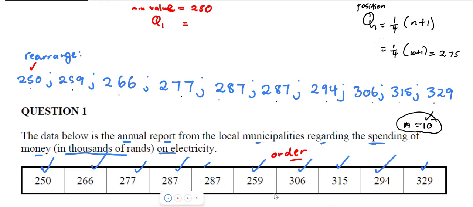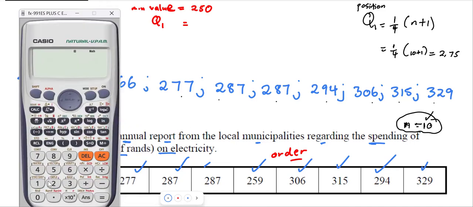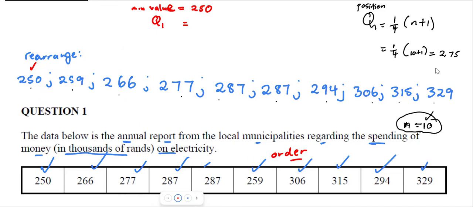You can use your calculator: that is 1 over 4 of 11, which gives us 2,75. From our grade 10 mathematics, when given a decimal position like this, you look at the number after the comma. Our comparison is supposed to be at 2,5.